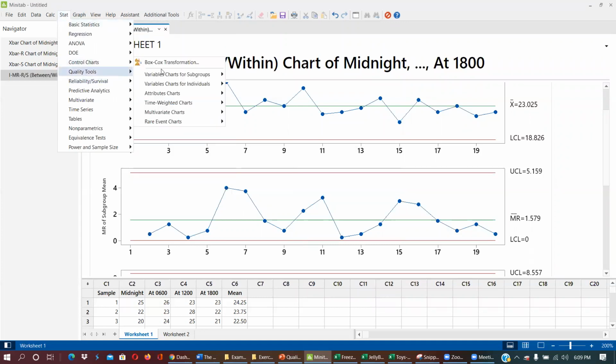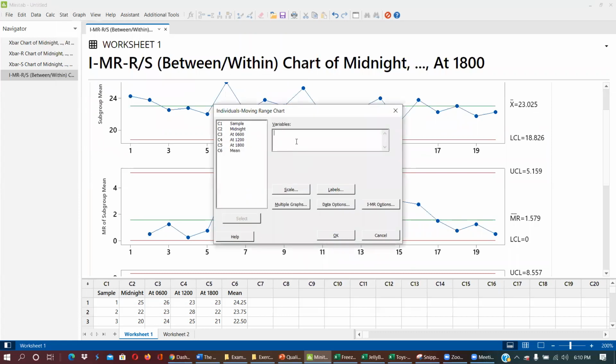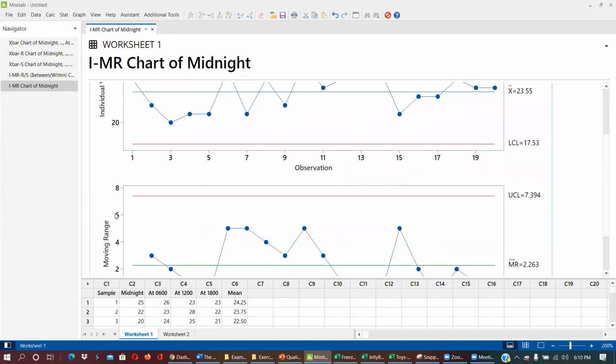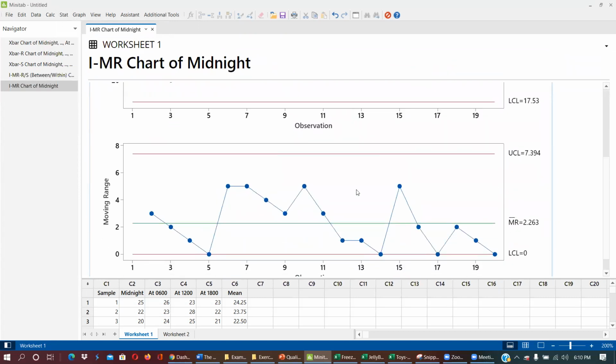Again, control charts. So here we have the IMR chart. Variables, I'm just going to use the individual moving range chart. So this is the individual value chart and this is the moving range chart.